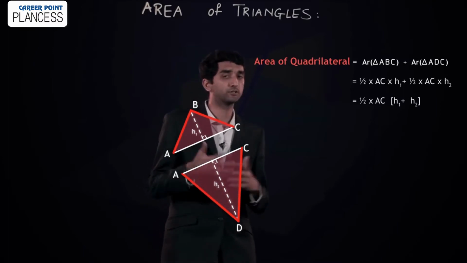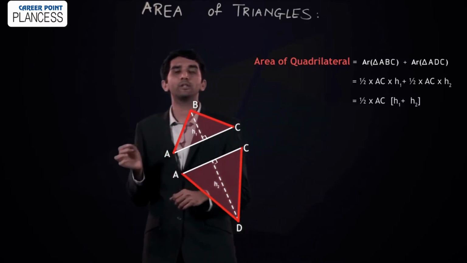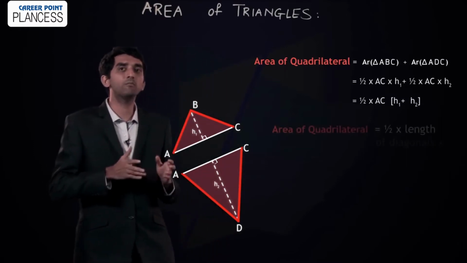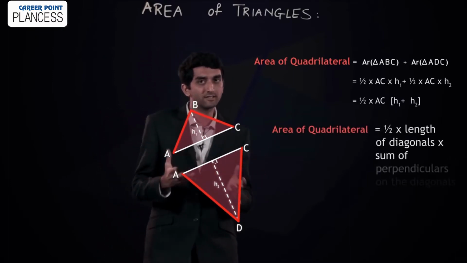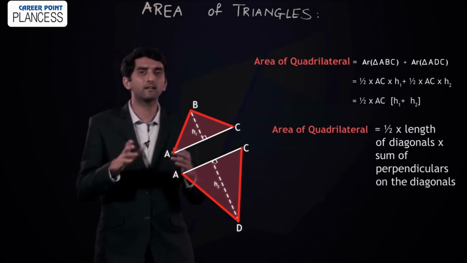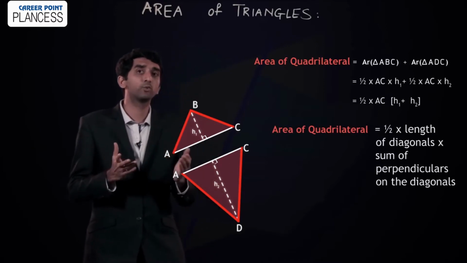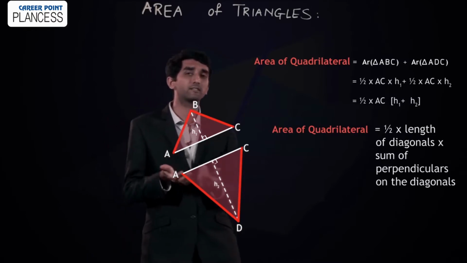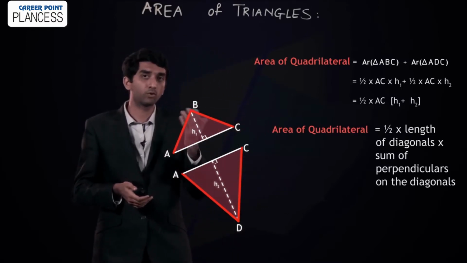So the general formula for the area of a quadrilateral will be half into the length of one of its diagonals into the sum of the heights of the perpendiculars onto that diagonal. This is how you can write this formula. You can obviously take BD as the other diagonal and write the same area with respect to BD, but you would need the new heights. In that case they might be, let's say, H3 and H4, depending on how you are dropping onto which base.